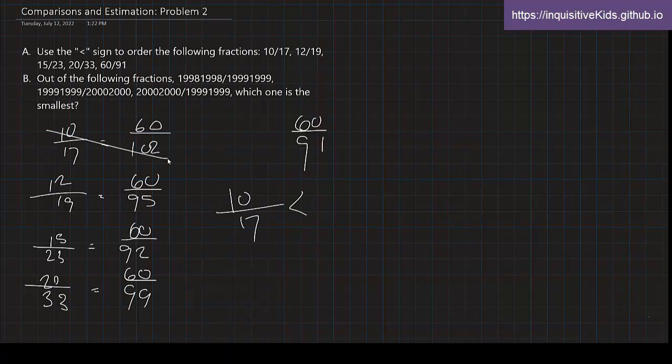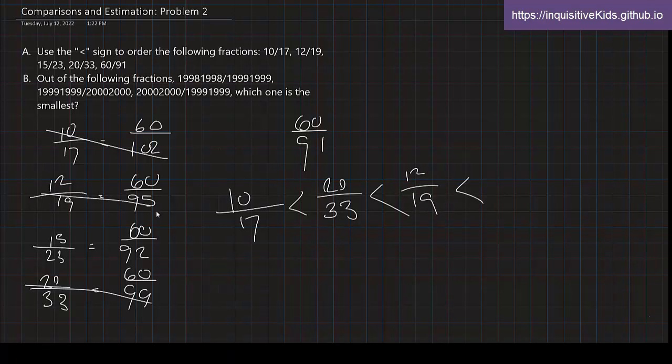Okay, and I just like to have that crossed out after I did do it. Now, what is the second largest denominator over here? That would be 99. So 20 over 33 is next. Cross that out. Now we have 95, 12 over 19.